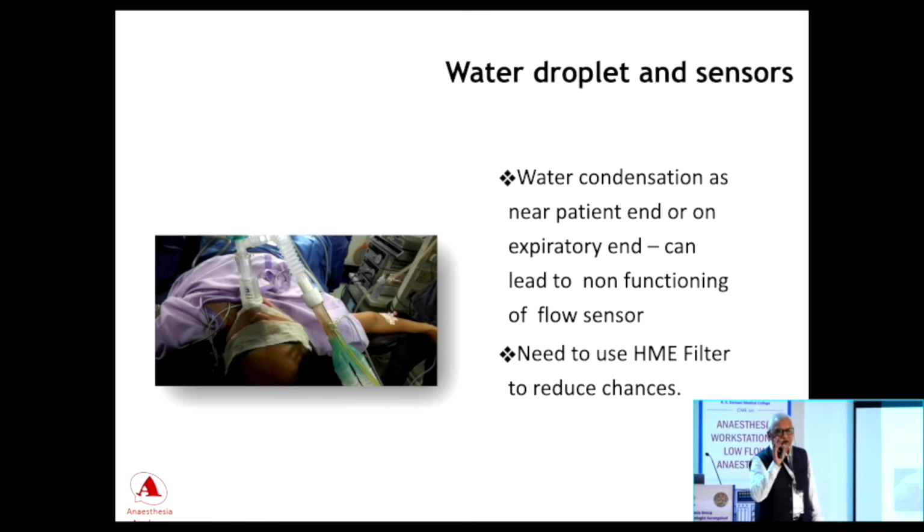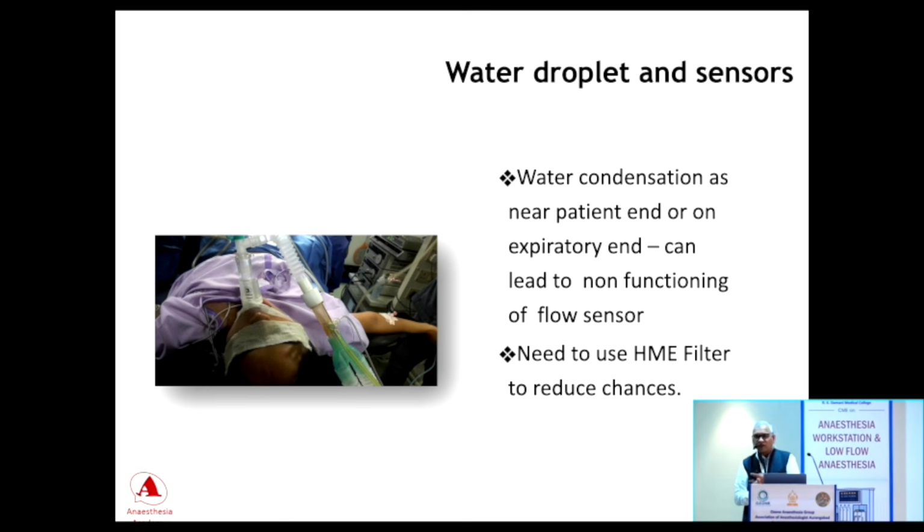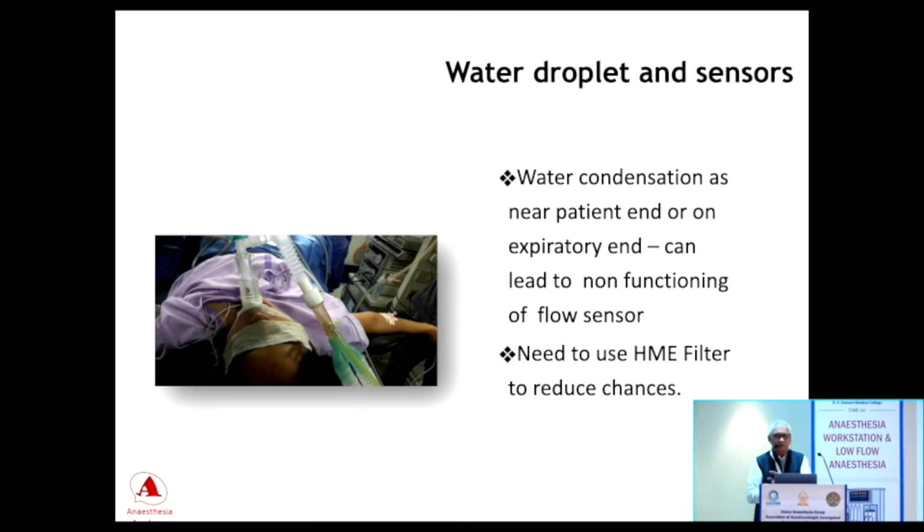You have to at least use an HME filter. The filter will avoid excessive humidification going into these two tubes. So if you see a sensor with two tubes going, it is a variable orifice type of flow sensor. And if you are using it directly connected to the patient, use an HME filter, because that will avoid excessive humidity going into this system.